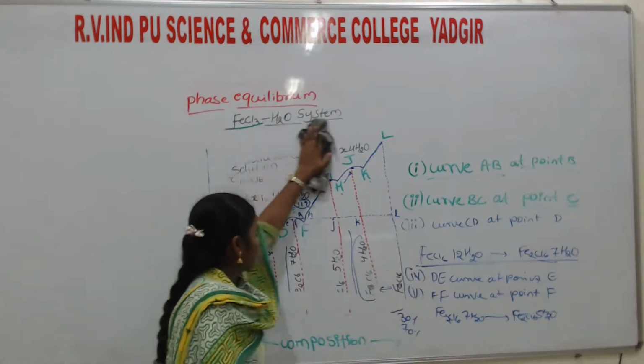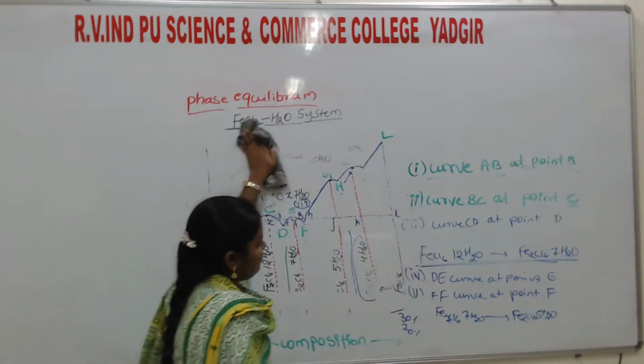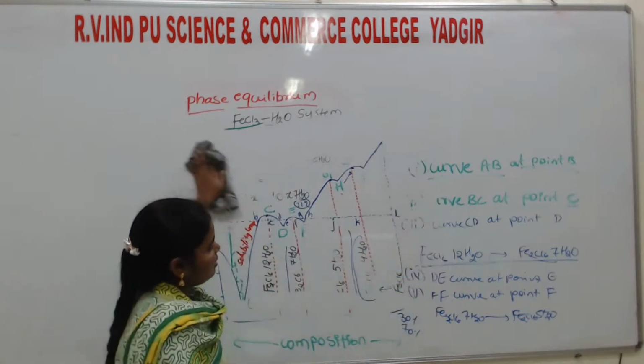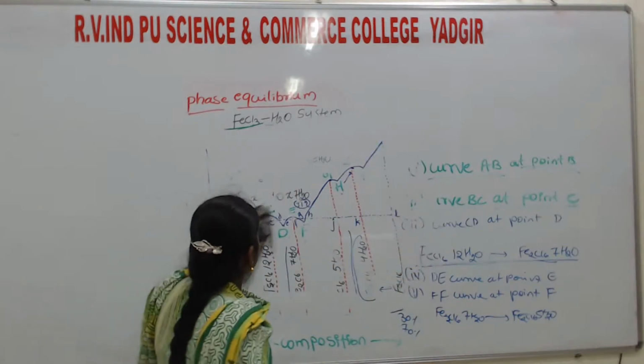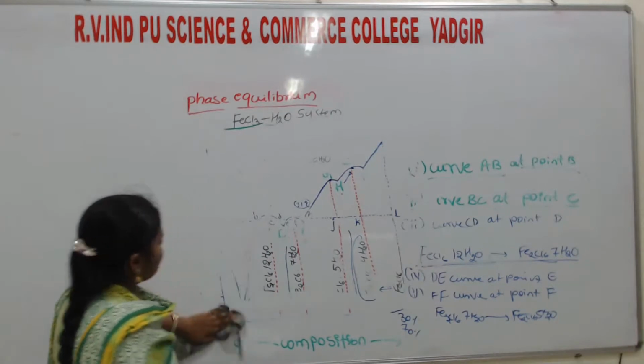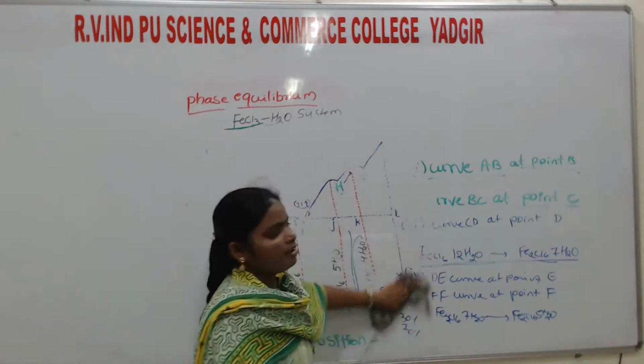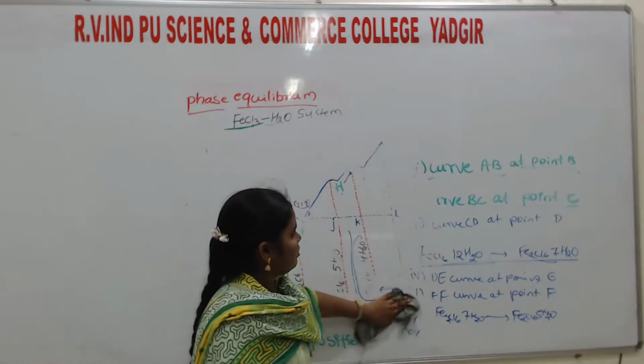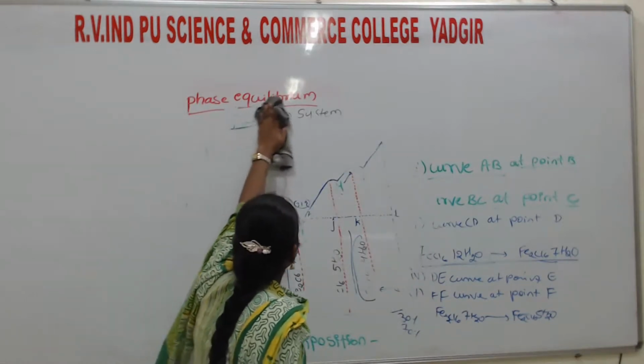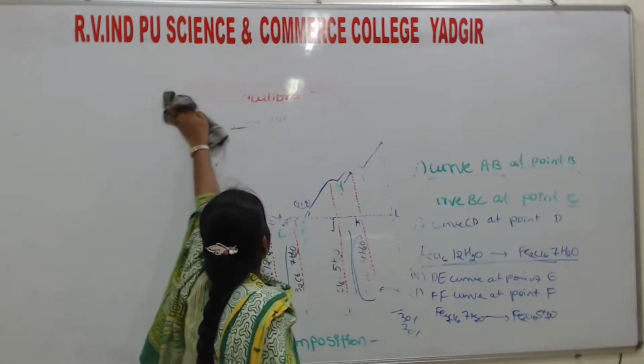You have to write on curves AD, BC, CD, and the formation of those four hydrated solids, and finally the formation of anhydrous Fe2Cl6 salt.